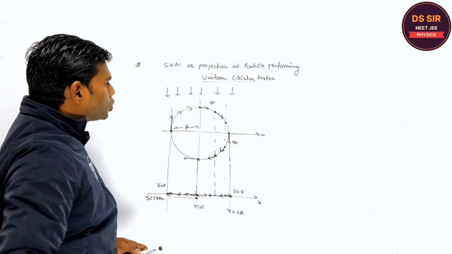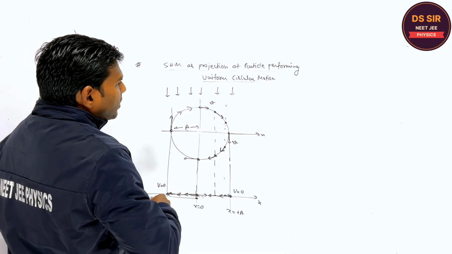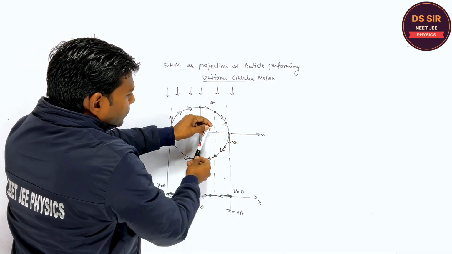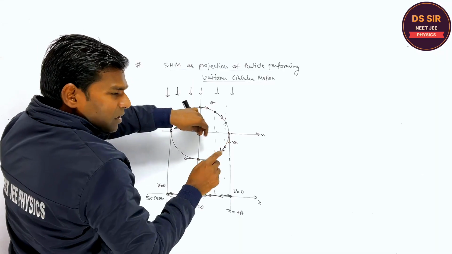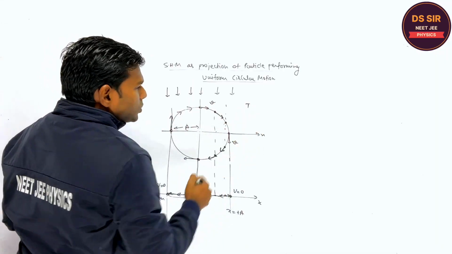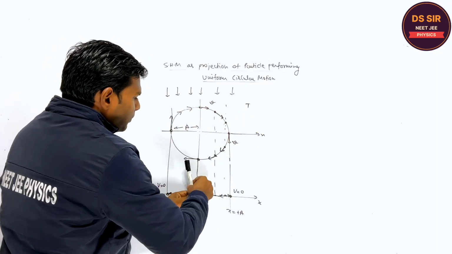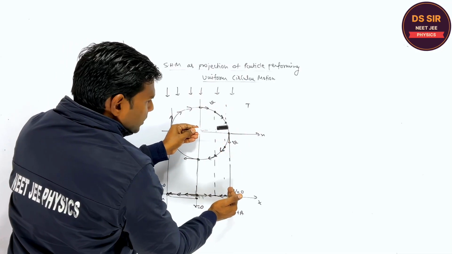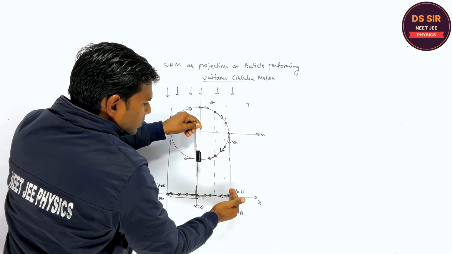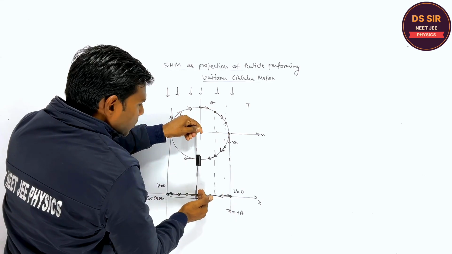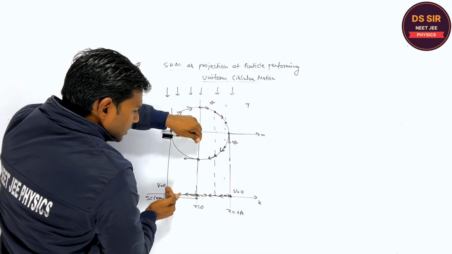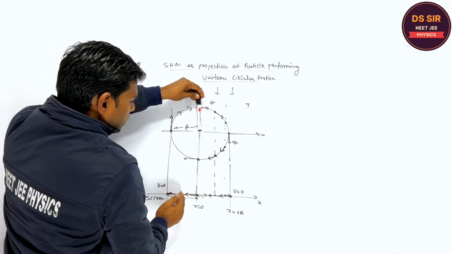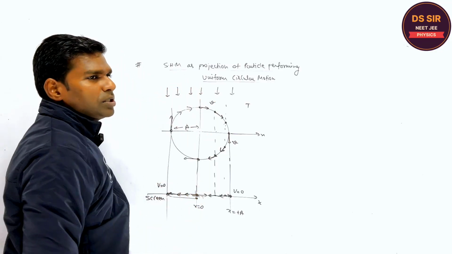All right, so if the particle performs uniform circular motion like this, in one complete circle the time is what? Suppose it is T. So in the same time the shadow moves going to the right, then coming to the left back to the mean position, it comes back to its original position.